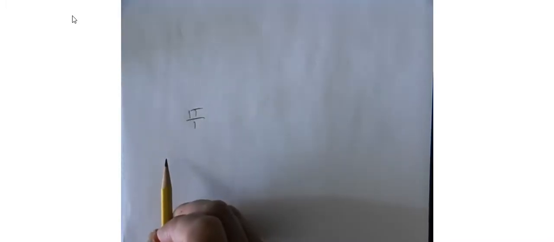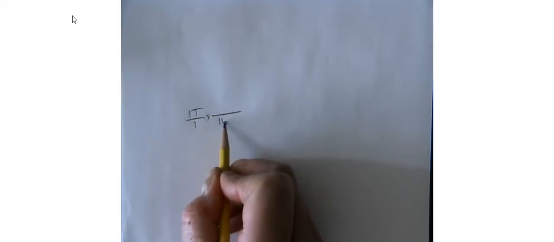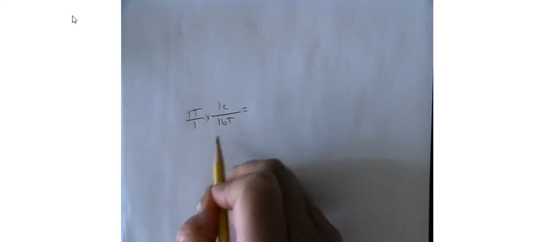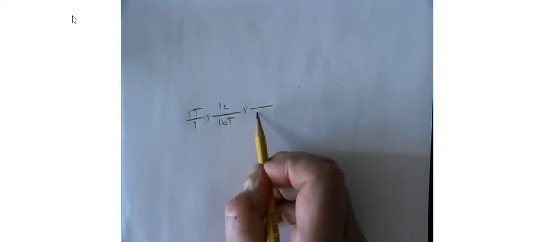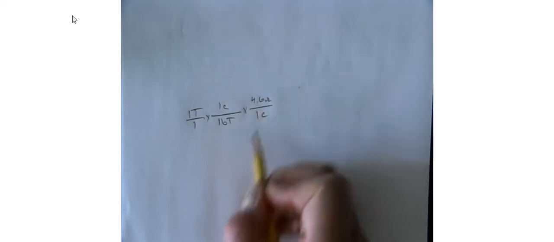All right, so I'm trying to convert 1 tablespoon of garlic. I know that there are 16 tablespoons in 1 cup. I know that 1 cup is 4.6 ounces.